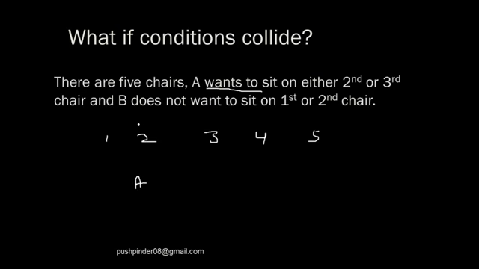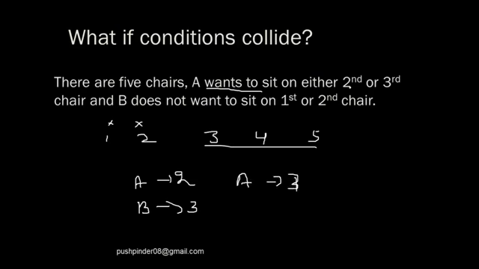Let's suppose girl A in one scenario sits on the second chair, right? Now if girl A sits on the second chair, how many choices does B have? Now B does not want to sit on first or second. A is already sat on second chair, so that means B has 3 choices left for him. Now what if A sits on the third chair?